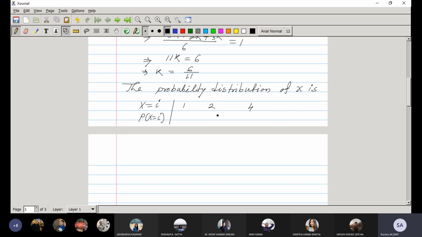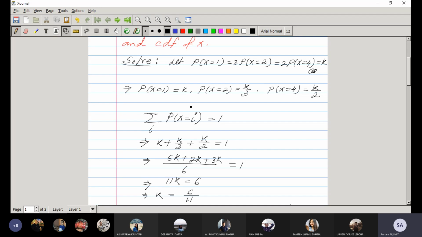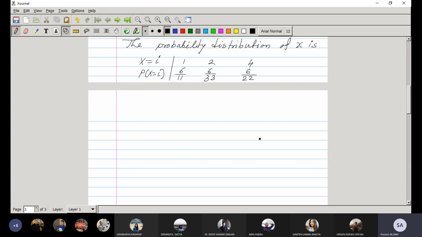So p of X equal to 1 is k, that is 6 by 11. Then k by 3 is 6 by 33. Then k by 2 is 6 by 22. So that's the probability distribution of the random variable capital X.